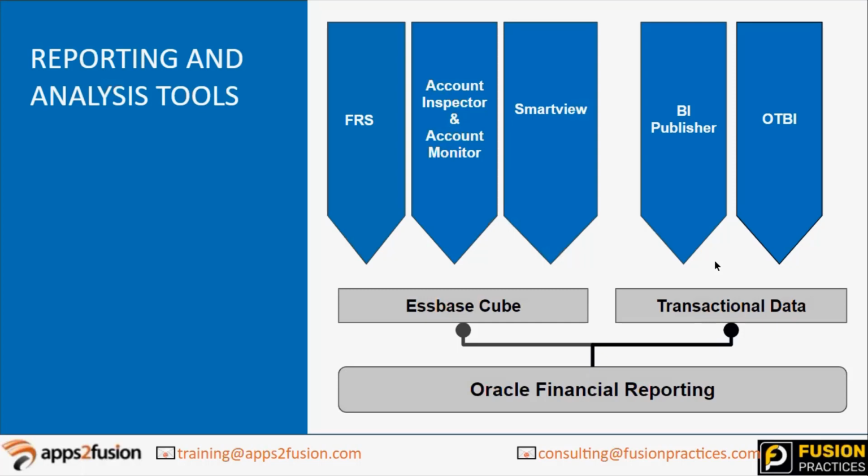When you do a query in the front end, these tools, that is FRS, Account Inspector, Account Monitor, and Smart View, are drag and drop. Using them, you can quickly drag some of the code combinations that you have and quickly see the respective balance. You can choose the accounting period also, and see what the balance is for that specific accounting period.